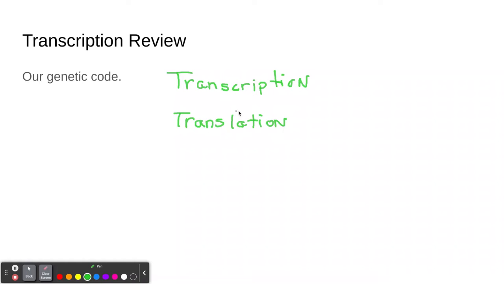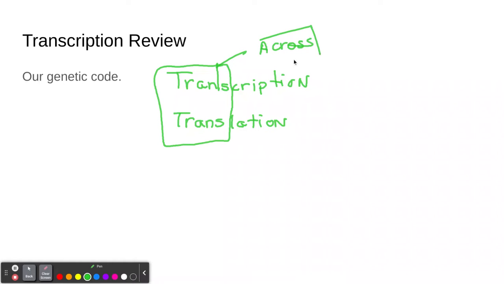So in transcription, they both have the word trans, and it means in English across, right? In other words, you're going across language, like you want to go across language with translation. But if you think about this, they have script. So let's use a different color.